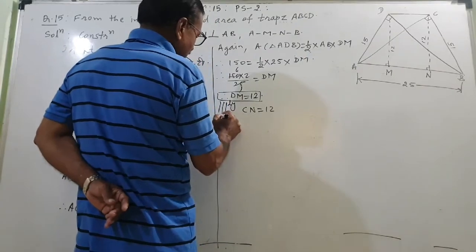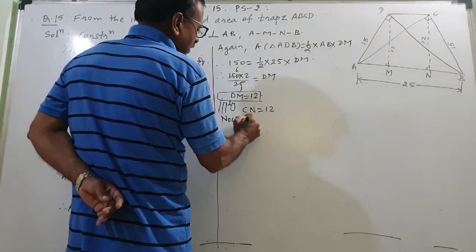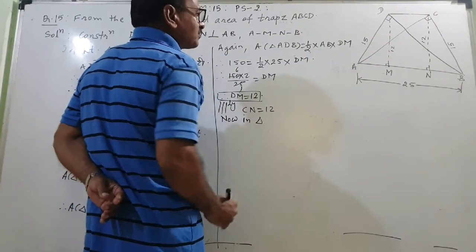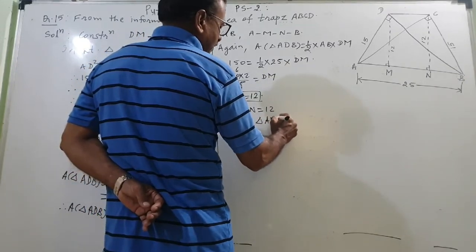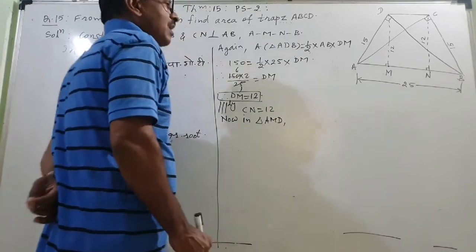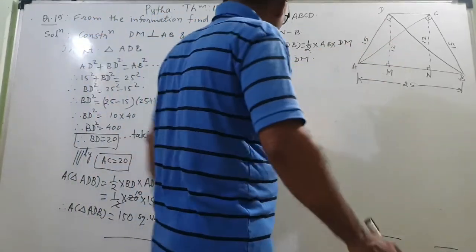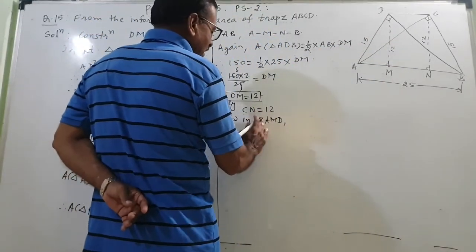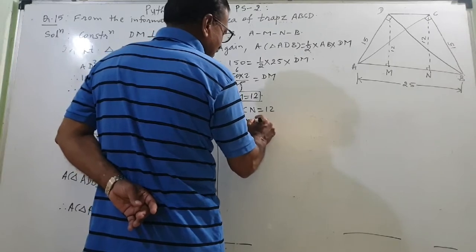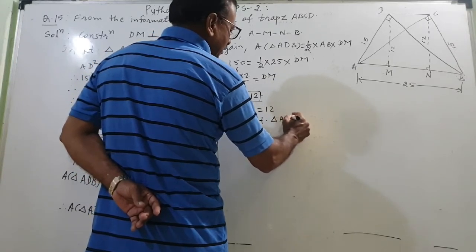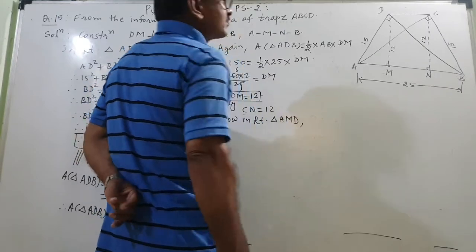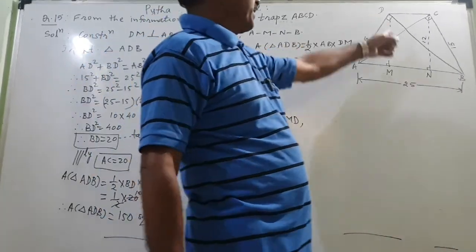Now, in triangle AMD, in triangle AMD, which triangle? RT triangle. I will write here RT triangle. It means right angle triangle, triangle AMD.